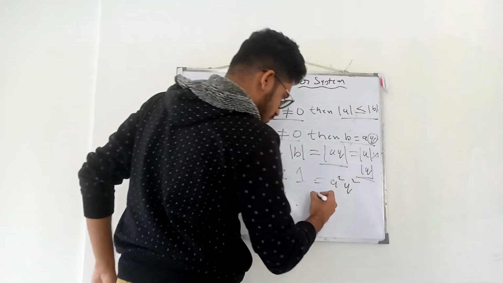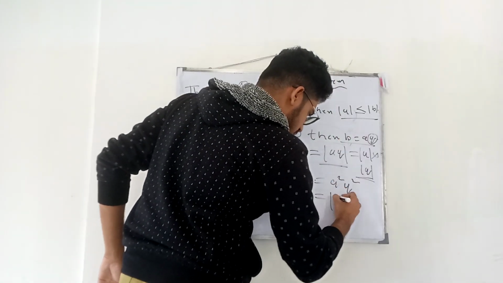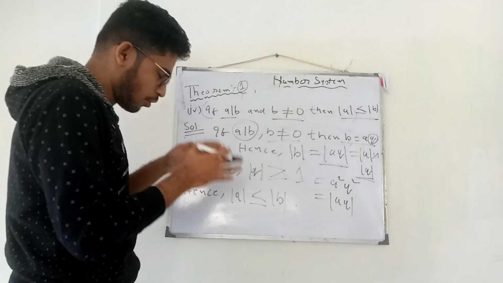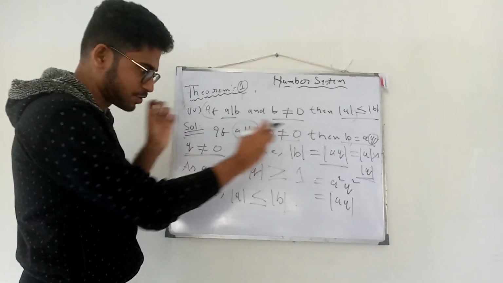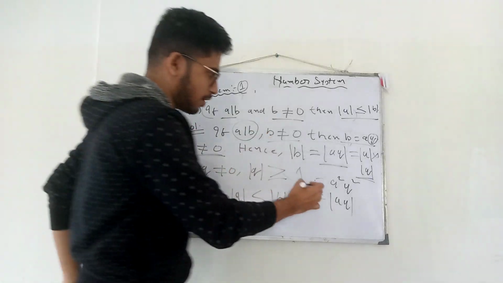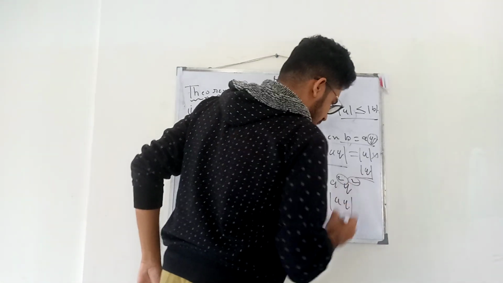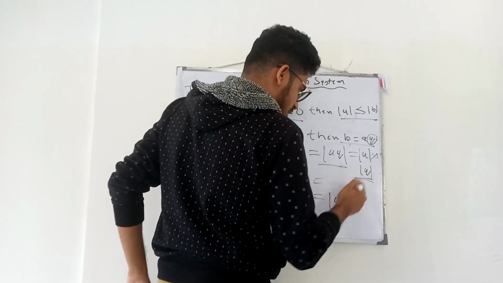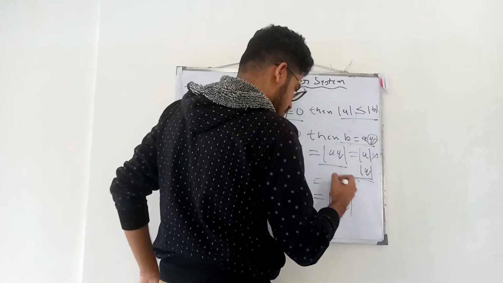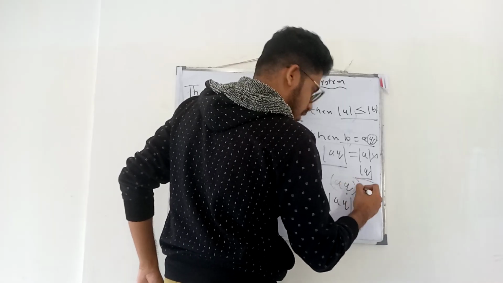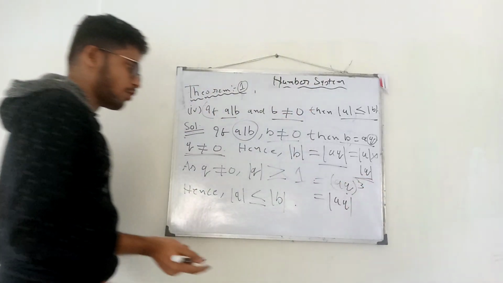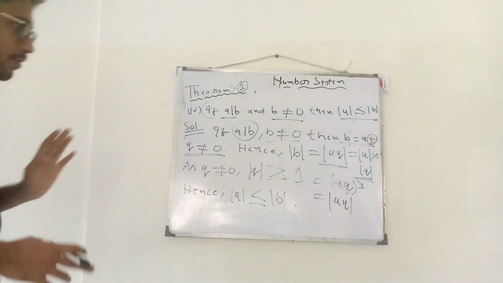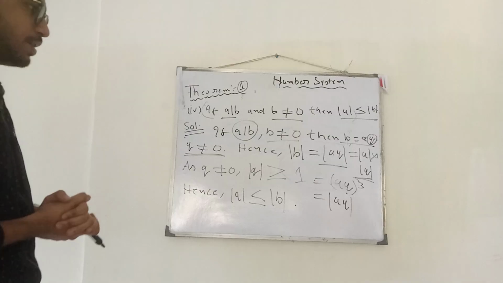After giving the modulus, it will become AQ. So the modulus is absorbing their power. It can be cube also, like A cube and Q cube, or A cube whole cube. So this is a function of modulus.